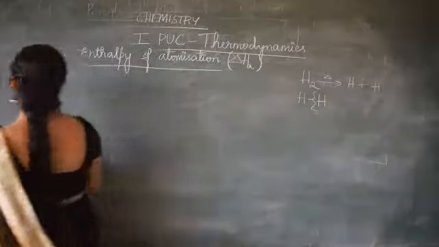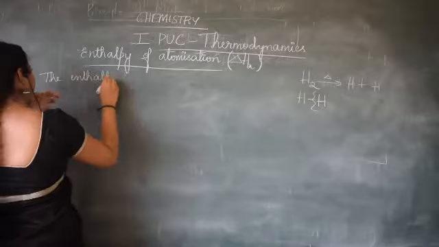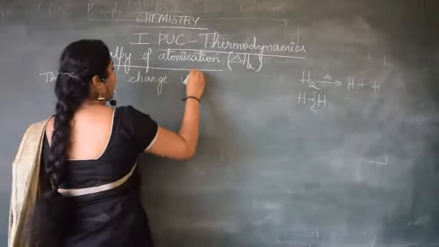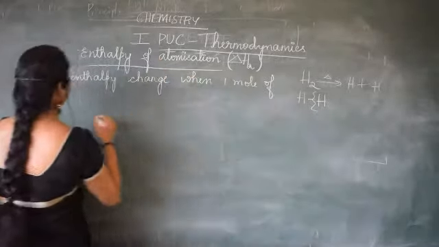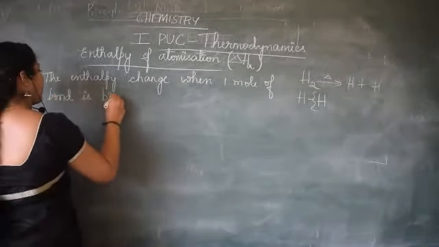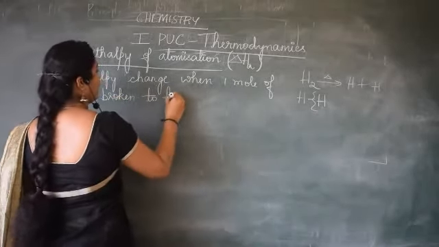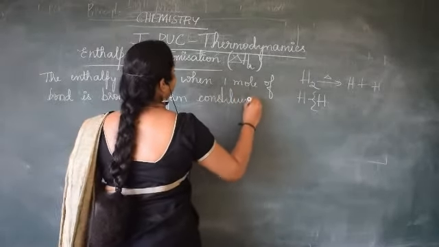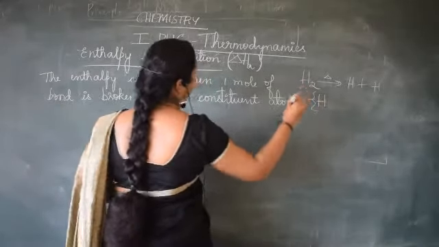That is the enthalpy change when 1 mole of bond is broken to form constituent atoms. It is called enthalpy of atomization.